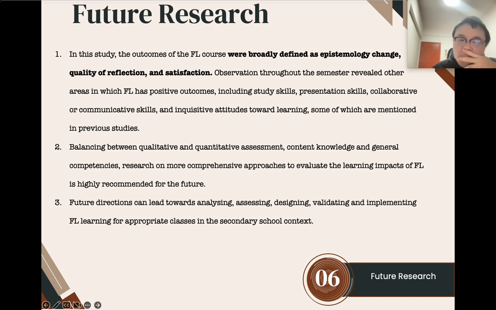Observation throughout the semester revealed that there are other areas that also have positive outcomes, such as study skills, presentation skills, collaborative skills, communication skills, and attitudes. So in future, the design could also consider other factors as part of the instrument.